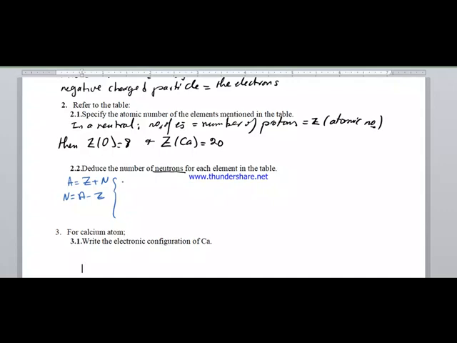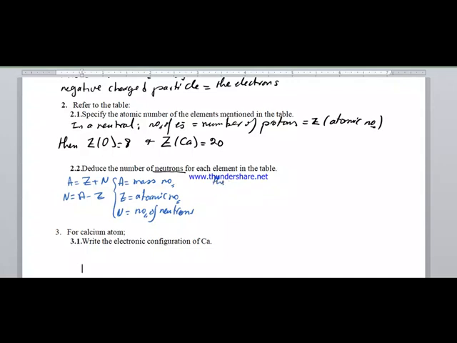We must write what is meant by A, mass number, Z, atomic number, and N, number of neutrons. We must write the meaning of each one before the calculation of the neutrons.